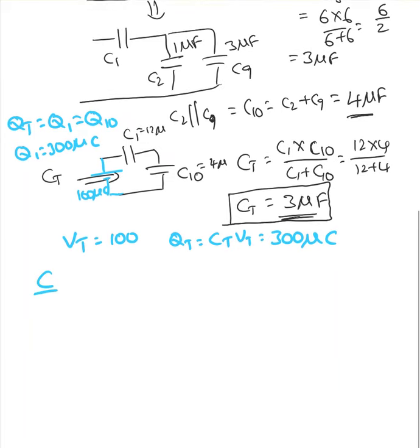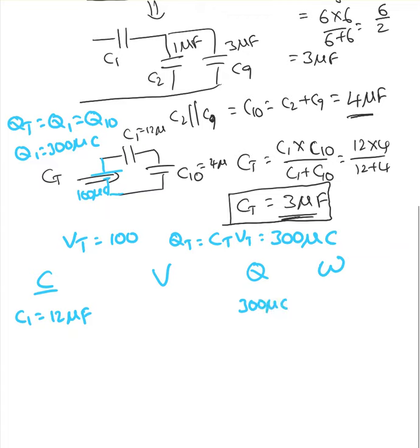So capacitance C, V, and Q. I will also find energy U or W. C1 equal to, I know it's 12 microfarad. Now I haven't found V1 yet, but I know Q1 equal to 300 microcoulombs.